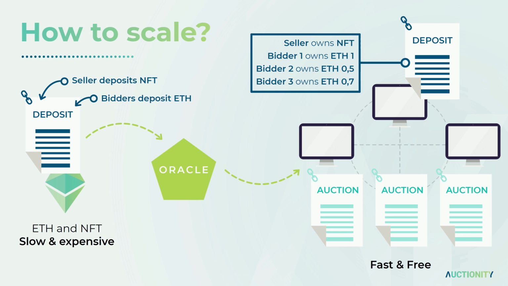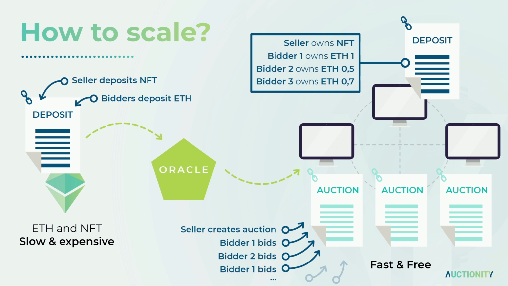And what's next? The seller can create an auction because we know they own the NFT, and the bidders will be able to bid. The seller will create the auction, which is a new smart contract, and can determine all the parameters they want for this auction. For example, they can set the start date, the end date, the starting price, the step, all the parameters they need for the auction, and then the bidders will bid.